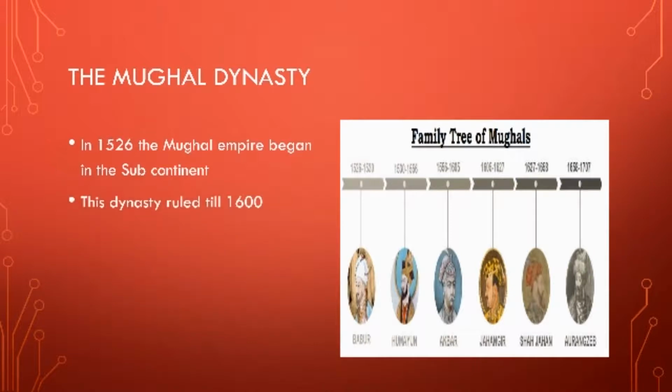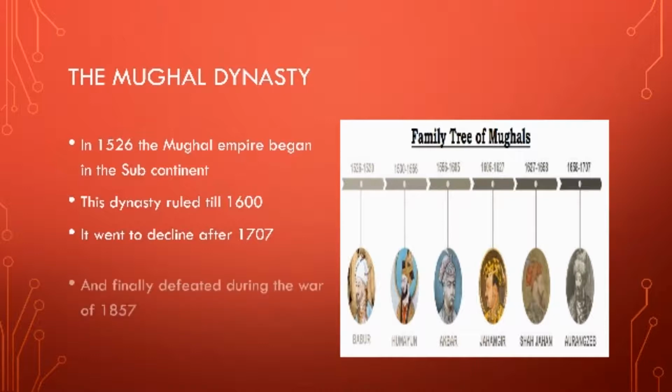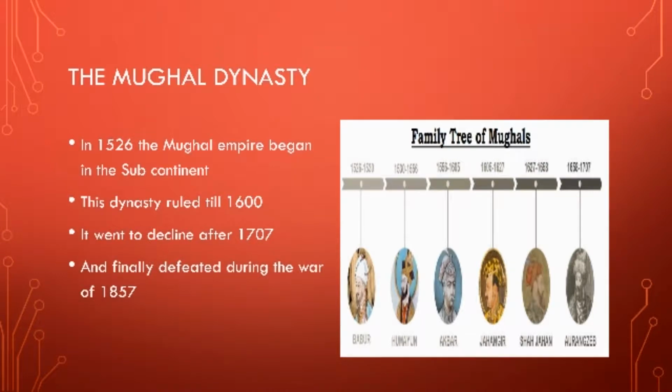This dynasty ruled till 1600. It went into decline after 1707, after the death of Aurangzeb, and was finally defeated during the War of 1857. This weakness of the Mughal emperors caused the rule of the British in India.